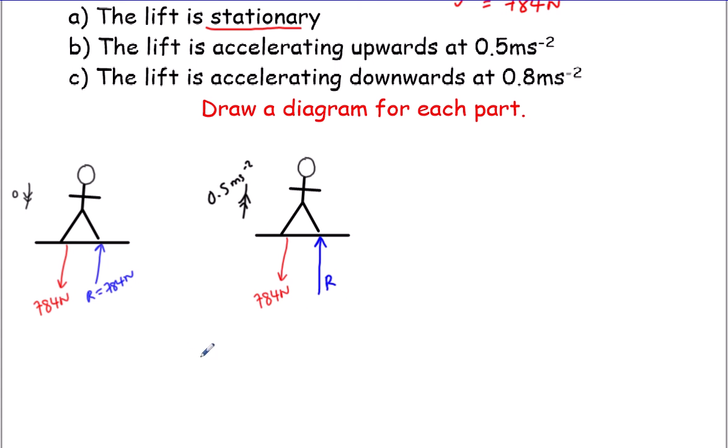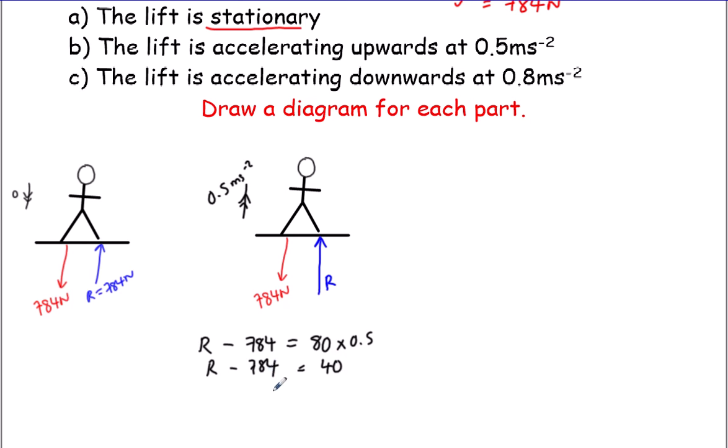So, if we take up as positive, because that's the direction that he's moving or accelerating, so R is positive, 784 is acting down, so that's negative. That's both of the forces, and that equals ma, so 80 times 0.5. So R minus 784 is equal to 40.